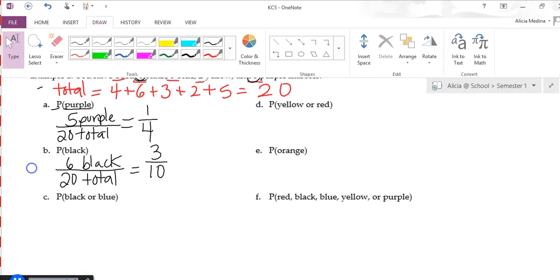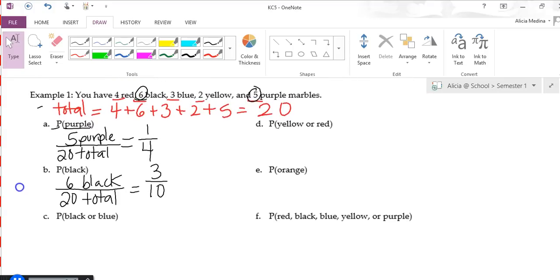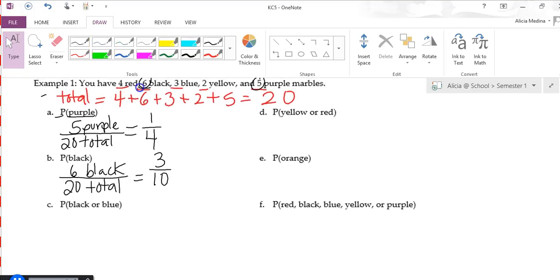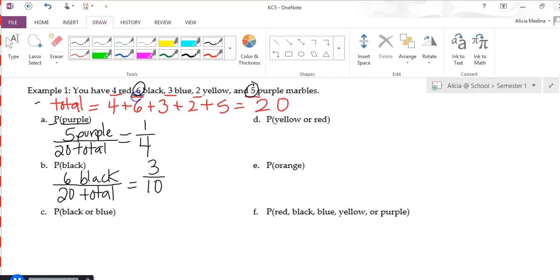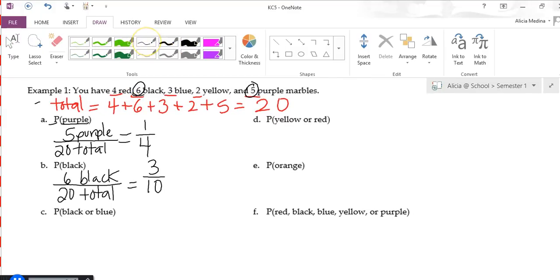Alright, so keeping those numbers up there, looking at letter C, what is the probability of picking black or a blue one? I want to figure out how many blacks I have. I have 6 blacks, and how many blues? I have 3 blues. So 6 plus 3 is going to be 9.